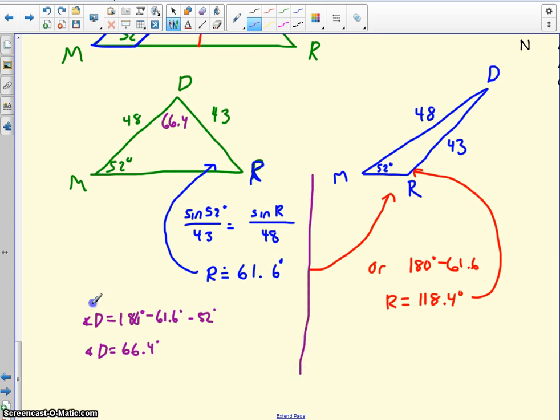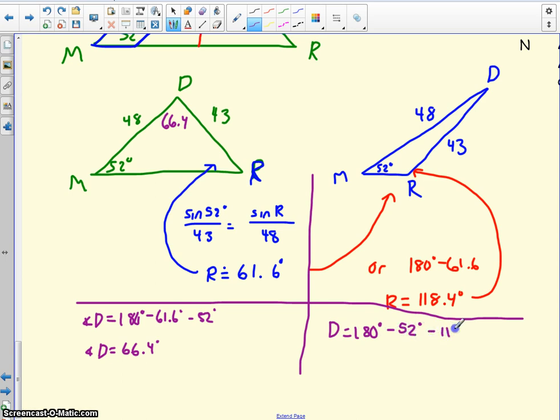I can still find D the exact same way, except now I just have a different angle R to work with. So in this case, angle D will be 180 degrees minus my 52 degrees that I had at angle M, and minus my 118.4. And again, run that through my calculator. I should get 9.6.